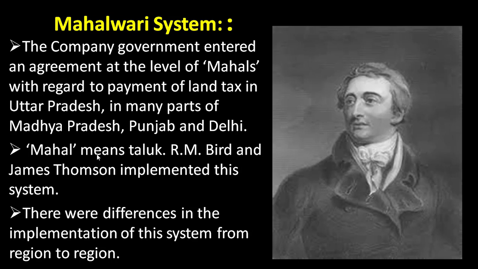So here the British East India Company entered an agreement with the levels of Mahals with regard to payment of land tax in the places of Uttar Pradesh, some parts of Madhya Pradesh, Punjab and Delhi.